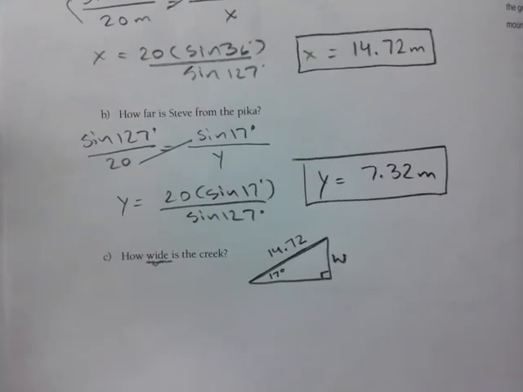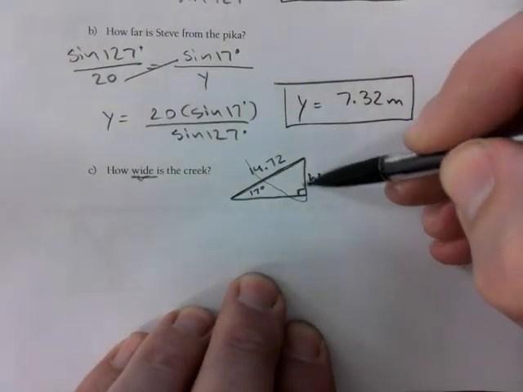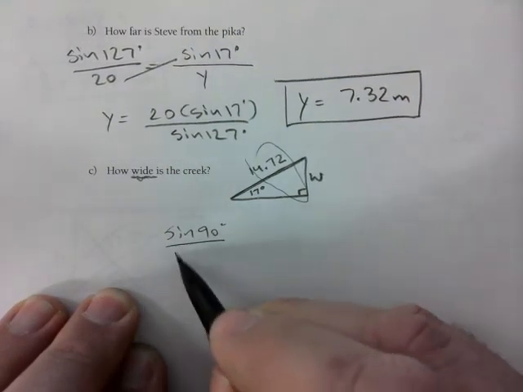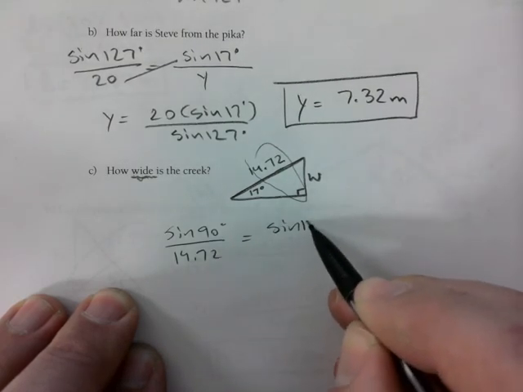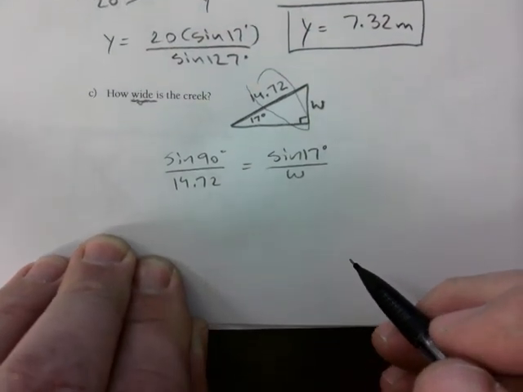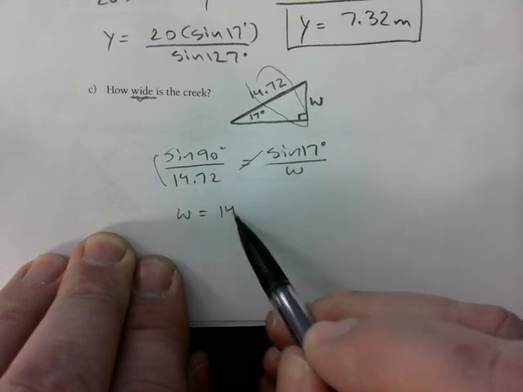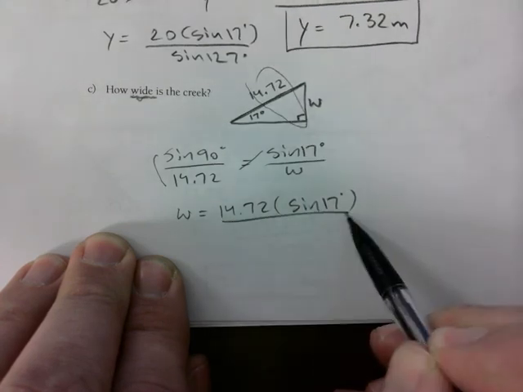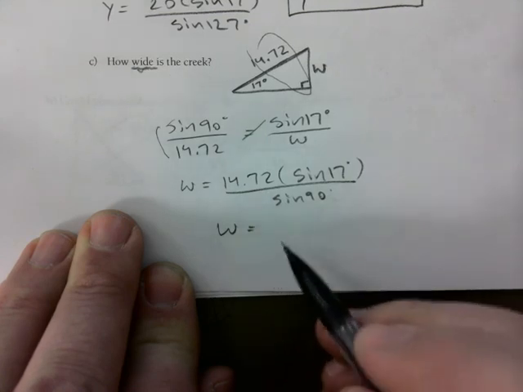If you're squinting, there you go. This is my pair. So I'm going to go sine of 90 over 14.72, and sine of 17 degrees over W. Cross multiply and divide. And that gives you 4.30.